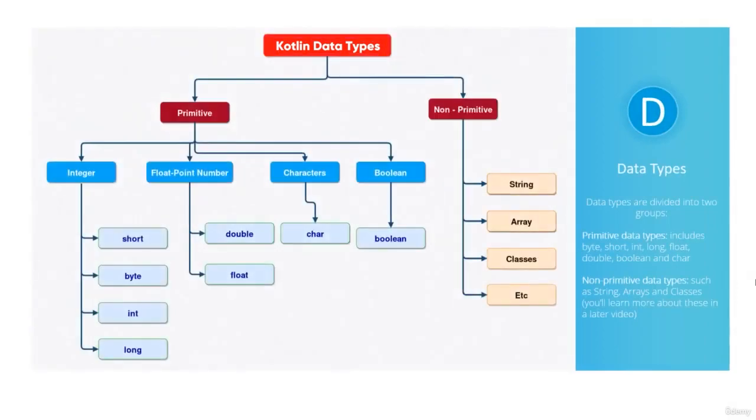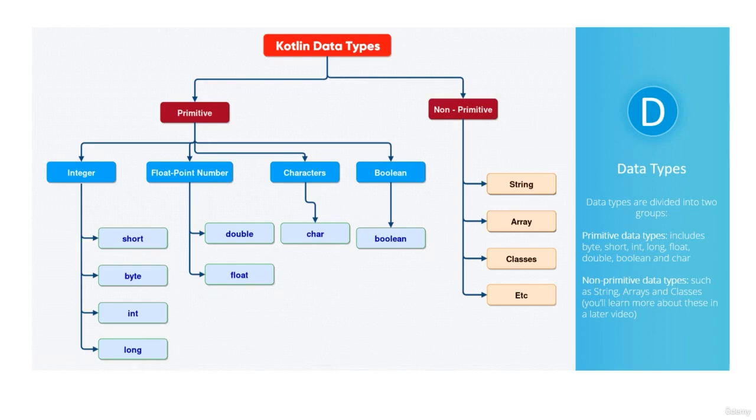So, the Kotlin data types are divided into two main groups: primitive and non-primitive data types. Primitive contains the integer, floating point number, characters, and Boolean data types, while non-primitive contains strings, arrays, classes, and so on.